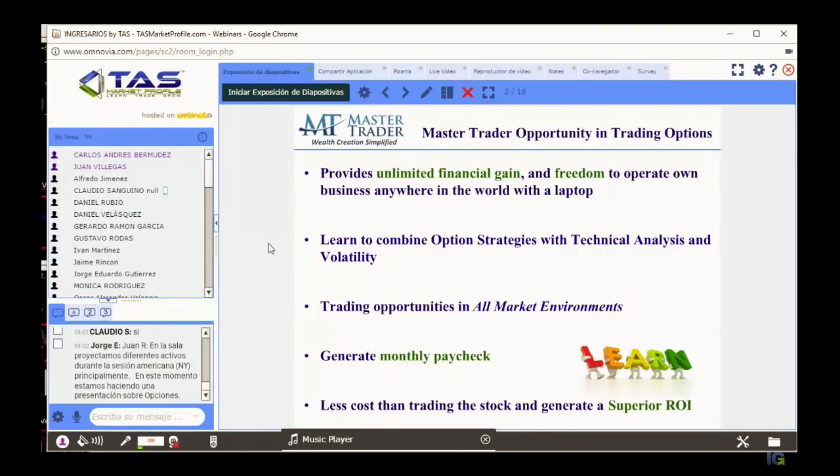The beautiful thing with options is the way they are priced and structured. Not only can we find opportunities in all market environments, but by tying them in with technical analysis and volatility, we create reward to risk opportunities that dwarf trading the stock alone.